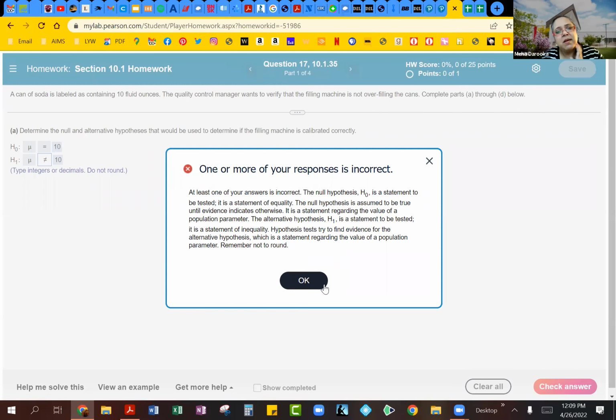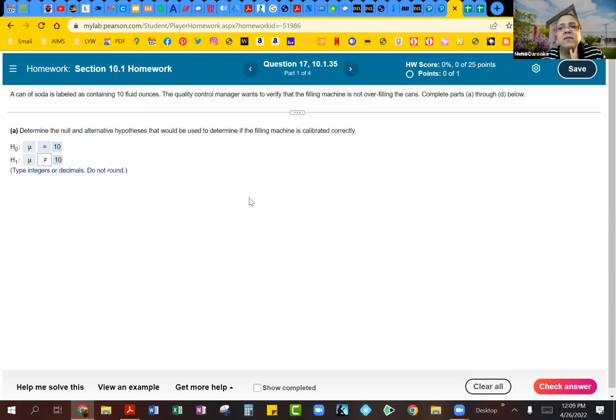Okay, so that did not work. So let me see again. We are saying the quality control manager wants to verify that the filling machine is not overfilling. Okay, so they do want us to use the greater than here because we are talking about not overfilling, which means we don't want it to be equal to 10.